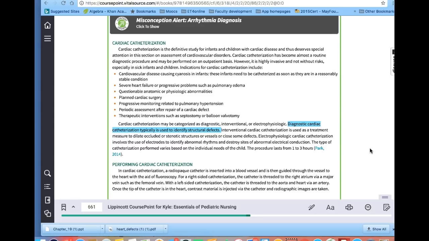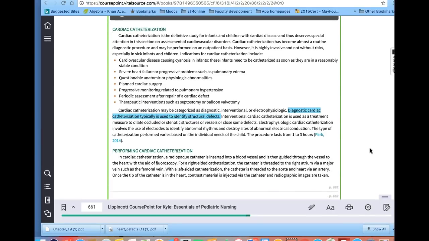You can have a diagnostic, an interventional, where they go in and try to close something or open something, or an electrophysiologic, and that's to measure the conduction. Most of the time they're diagnostic or interventional. They can close VSDs with a cardiac cath. Lots of new procedures happening every day in the pediatric cardiac cath world.